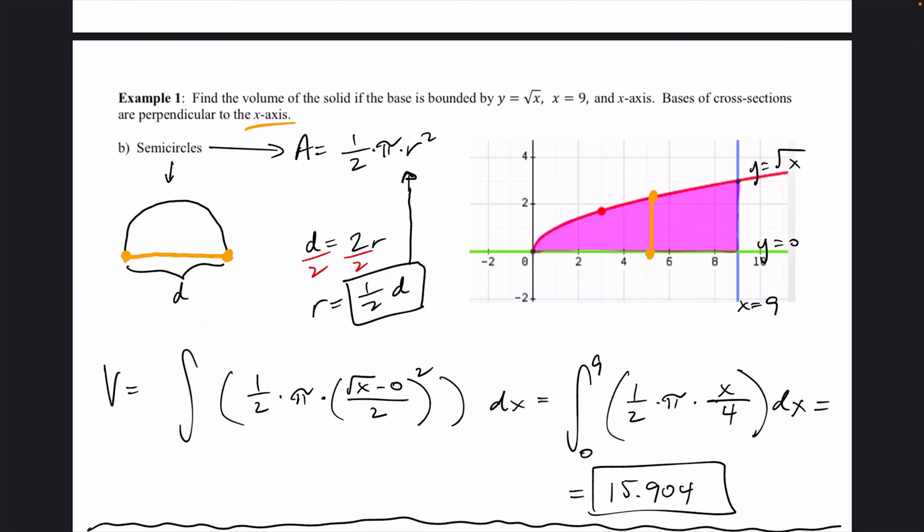Okay, 1C is the same graph. So draw yourself a shaded region. Everything's the same. Square root x, x equals 9, and y equals 0, sorry.